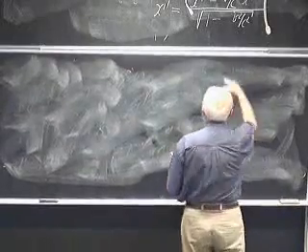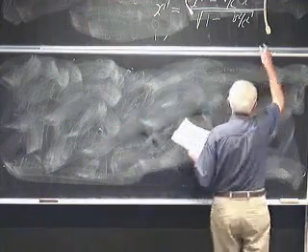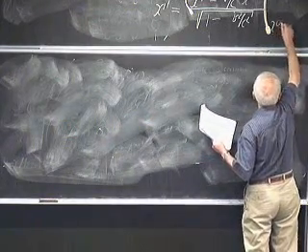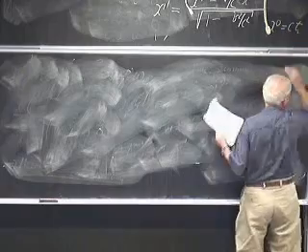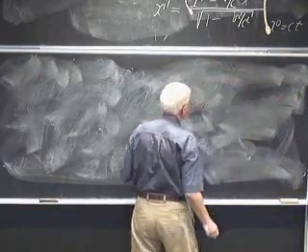Then, comparing this relation, by the way, here you should consider x0 like ct, because I introduced a c.